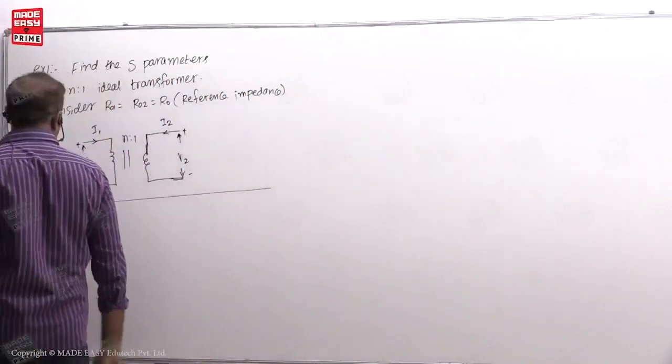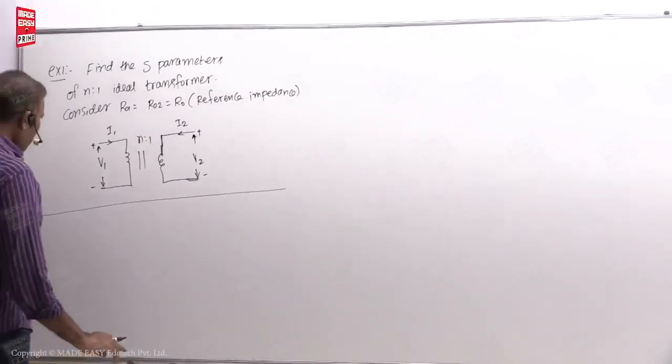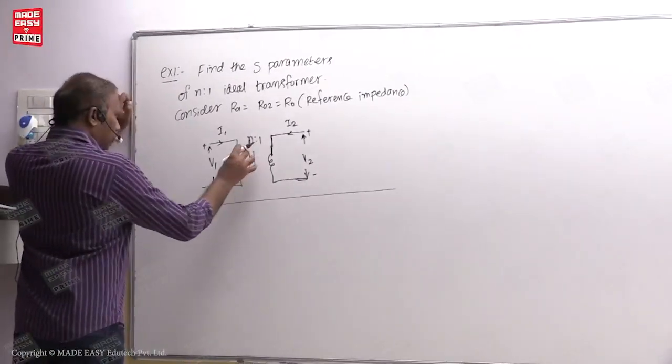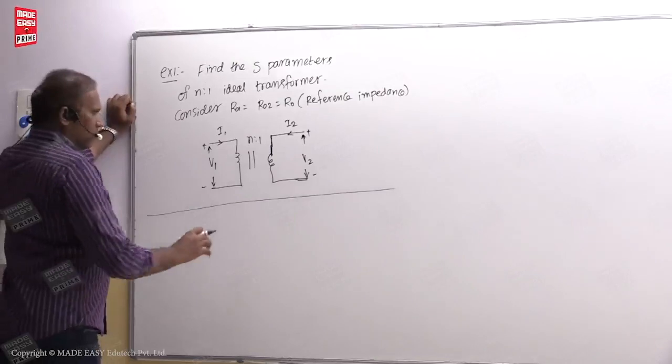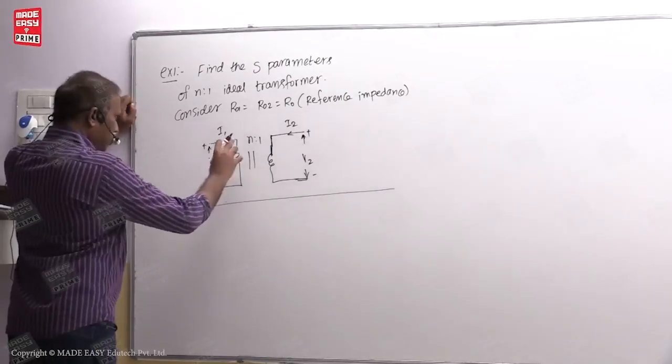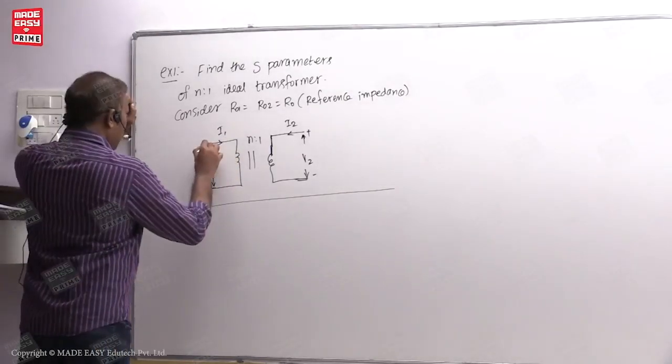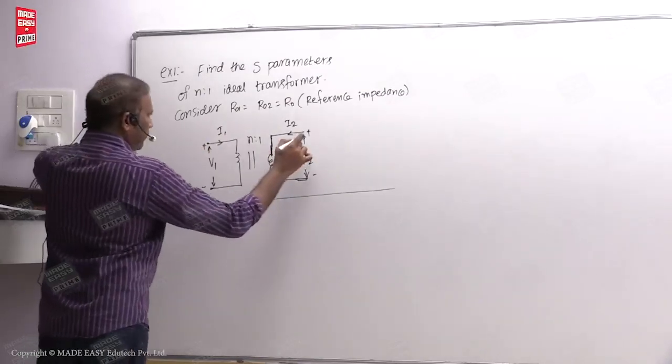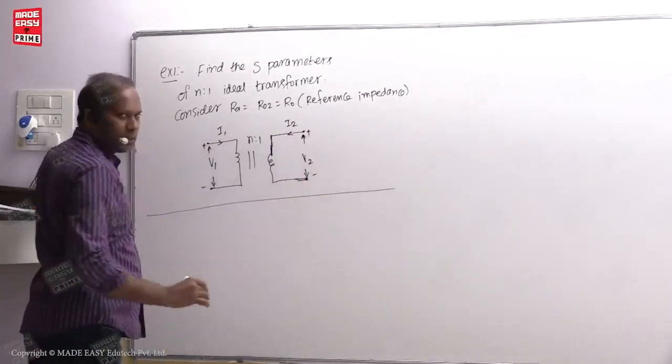Now what to do? First you redraw this. Whatever diagram is there, you redraw it. So this is port 1, and this is port 2.